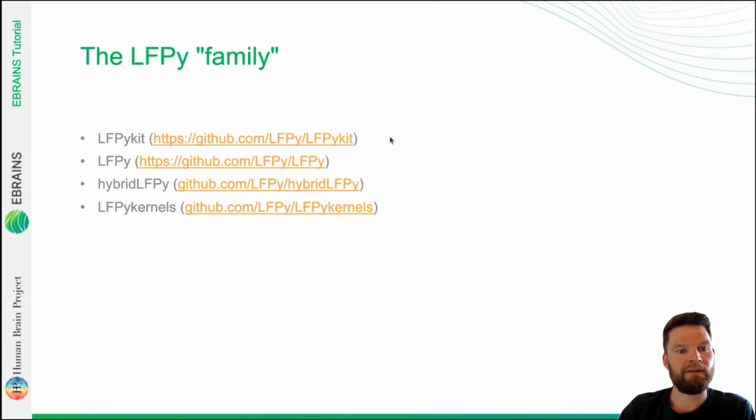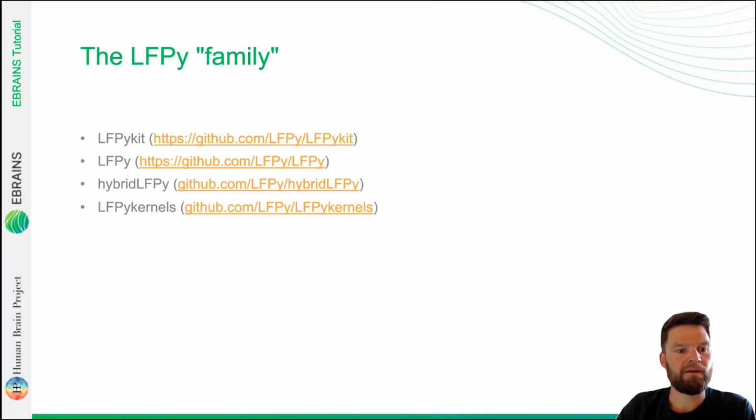LFPykit is not tied to the NEURON simulator and can be used with, for example, Arbor, but also with other neuron-based software. Next up is LFPy. LFPy depends on LFPykit for calculating brain signals and can be used as a convenient Python interface to NEURON to set up and control neural simulations.